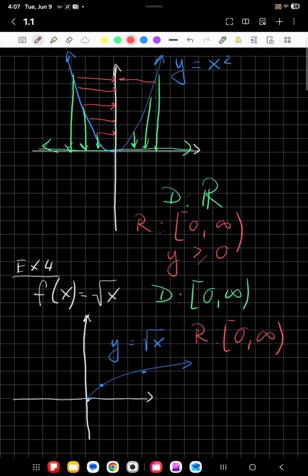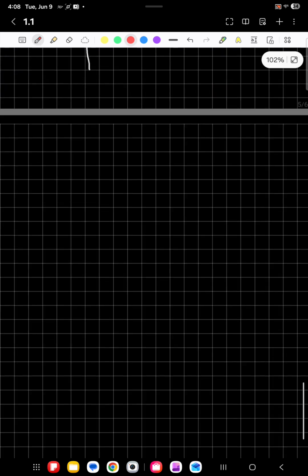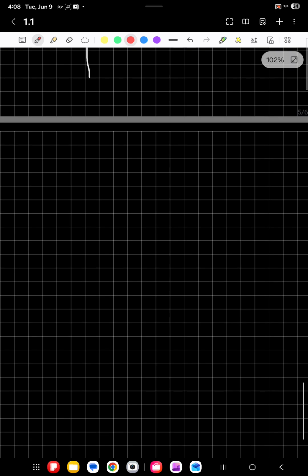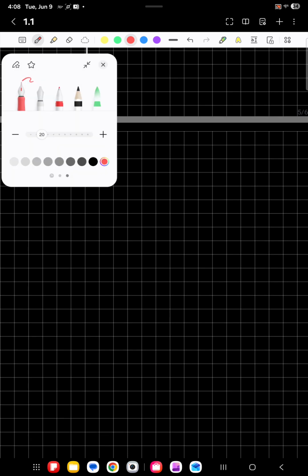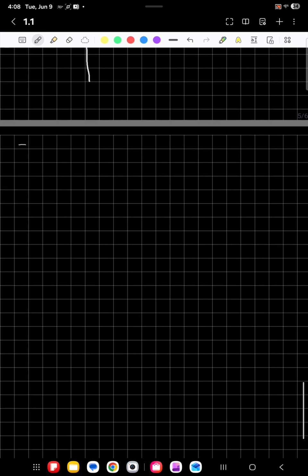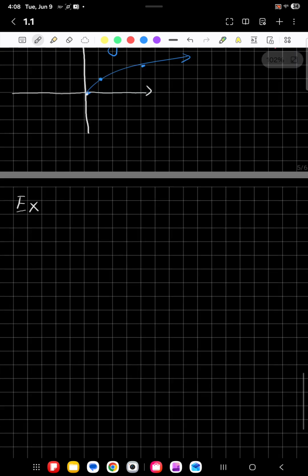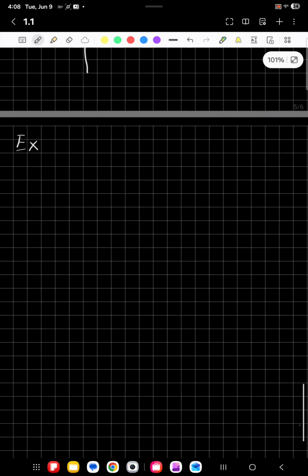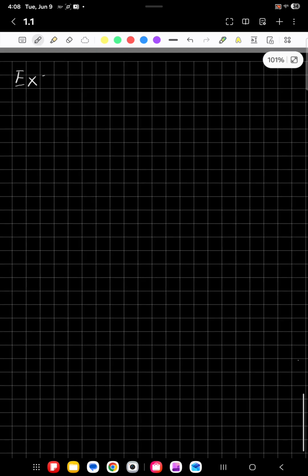You might be wondering, how can we have a square root function where I can actually plug in negative numbers? Well, we could have, for example, something like this. So let's have another example, example 5.